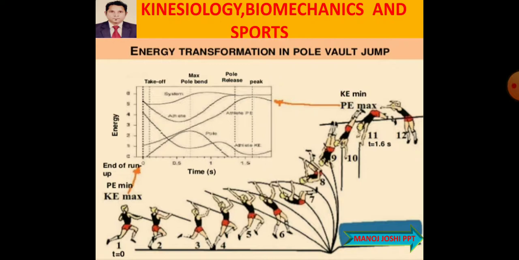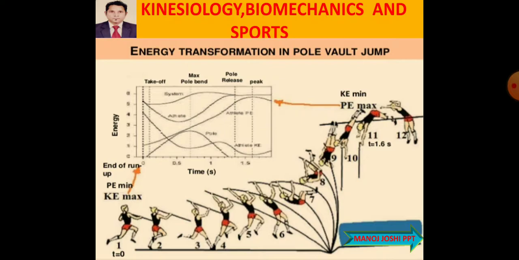This is the pole vault jump, energy transformation in pole vault. From the initial position, the maximum kinetic energy is changed into the maximum potential energy. So the transformation of the energy takes place.